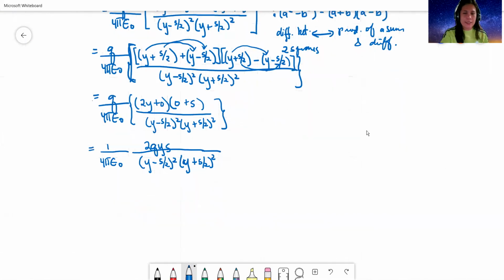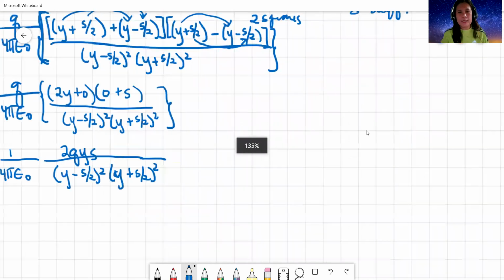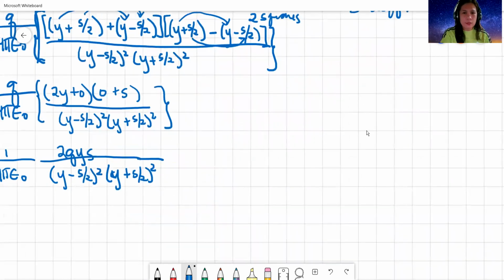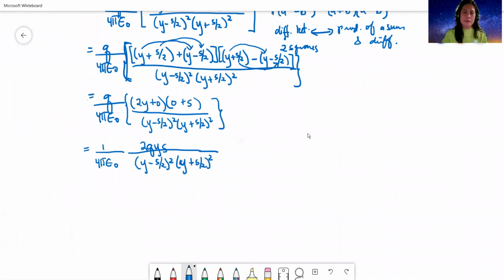In reality, the electric field of a dipole can only be sensed when y is much greater than s, meaning at a point farther from the dipole. So we will use that limitation where y is much greater than s.